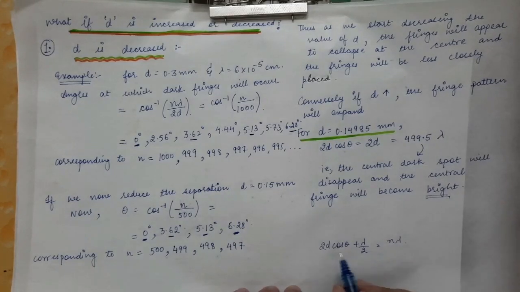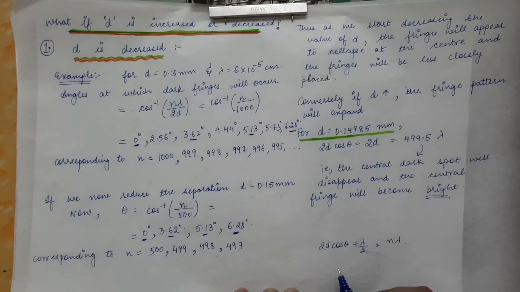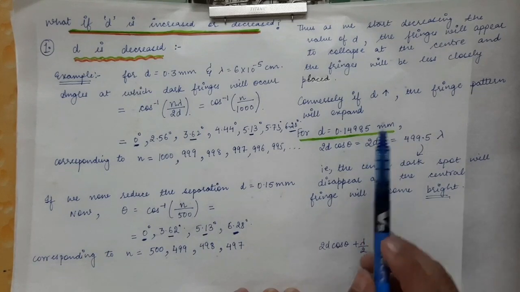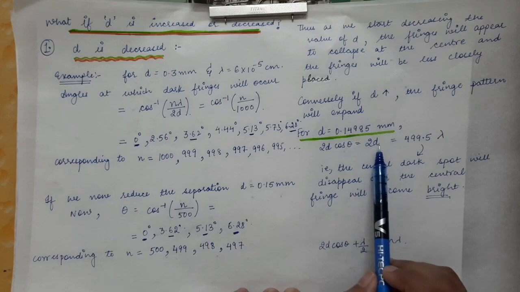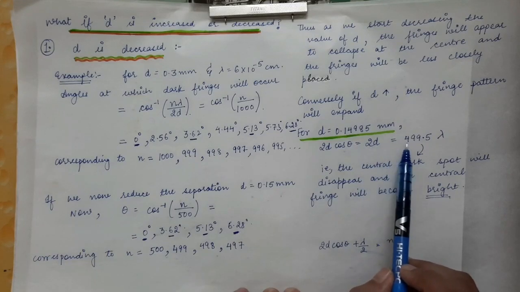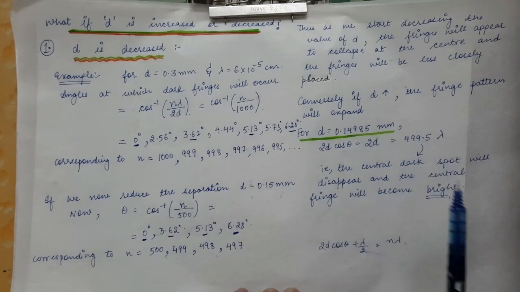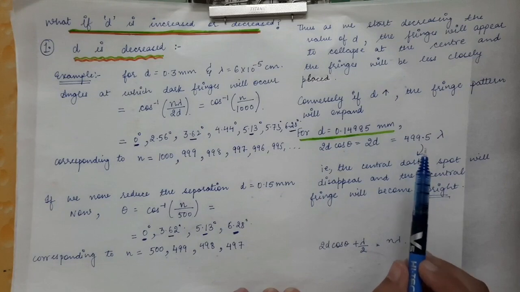So from there you get 2d cos theta is equal to n minus half lambda. So that will be the condition of constructive interference. Here also we are getting 2d for the central fringe, so we have put theta equal to 0. For the central fringe, 2d has come out to be equal to 499.5 lambda, which means the central fringe will be a bright fringe.